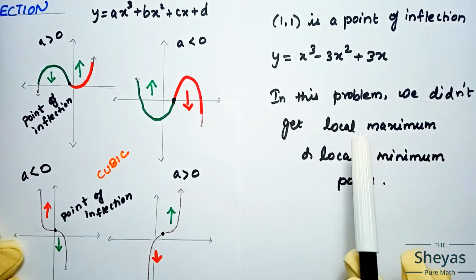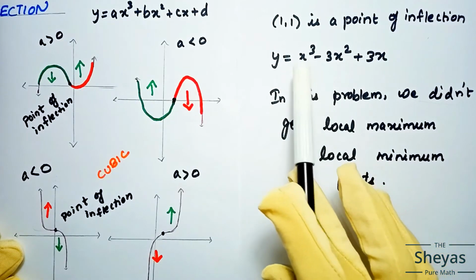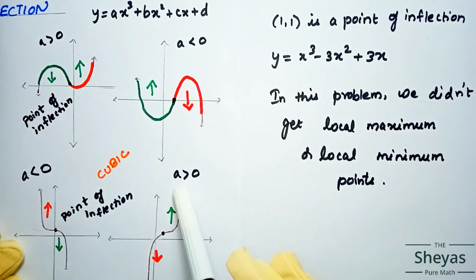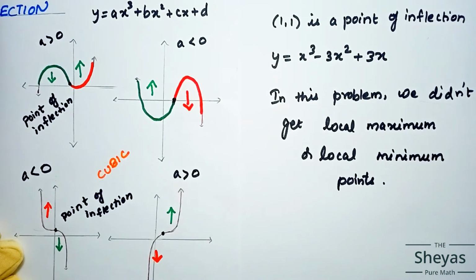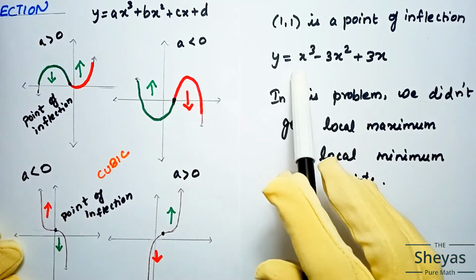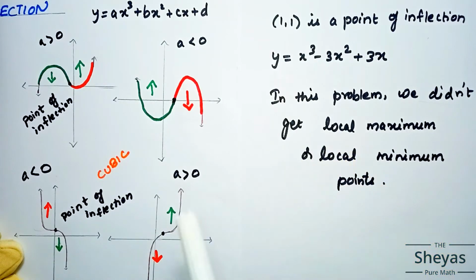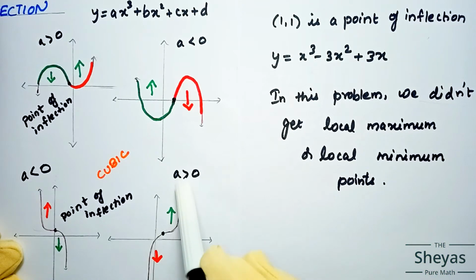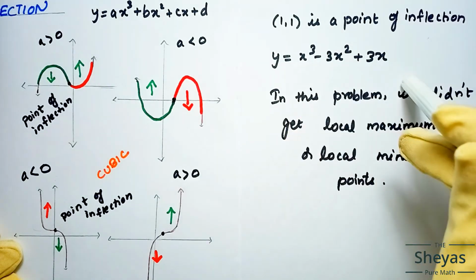If A is positive, then the graph will be this shaped, and if A is negative, the graph will be on the other side. Here A is 1, so A is greater than 0, so your graph should look like this way. This is the shape of the graph in the problem we are solving now.